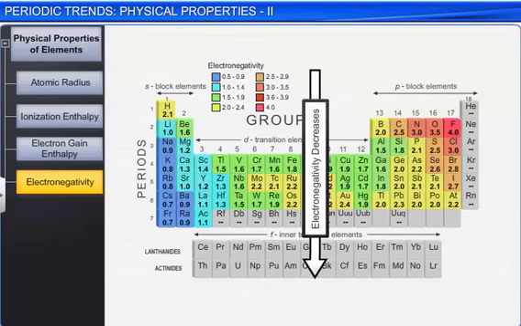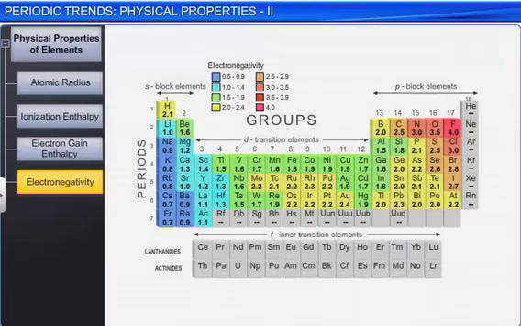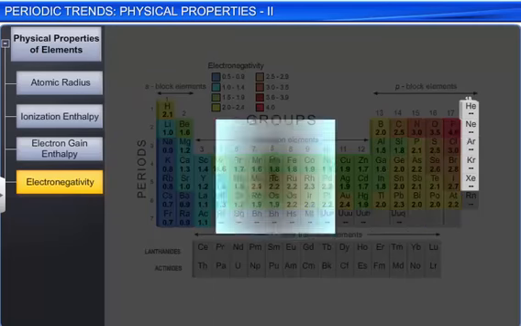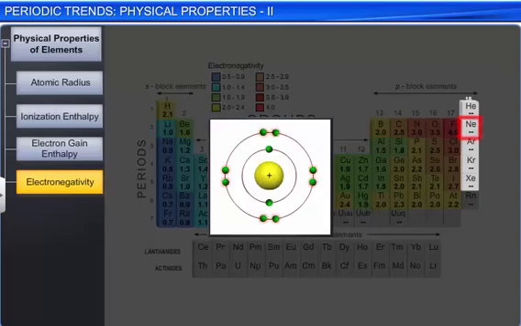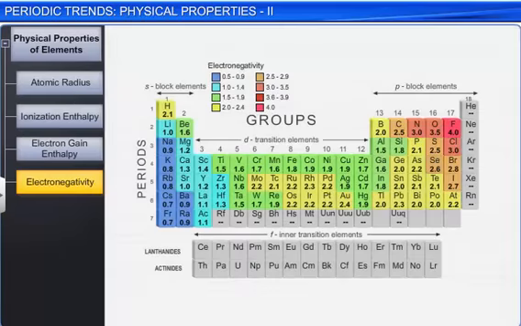The noble gas elements have zero electronegativity due to the stable octet configuration in their outer shells. Non-metallic elements have stronger tendency to gain electrons. Thus, electronegativity increases with the increasing non-metallic nature of elements across a period.